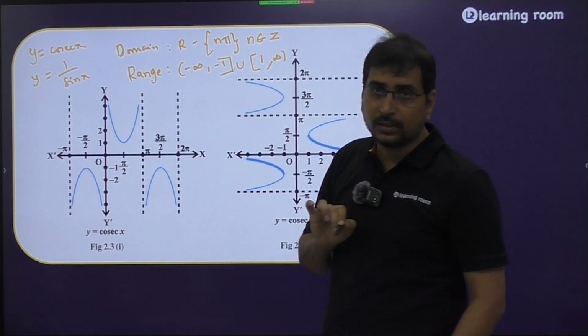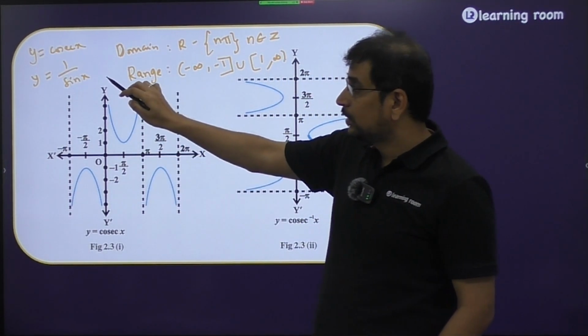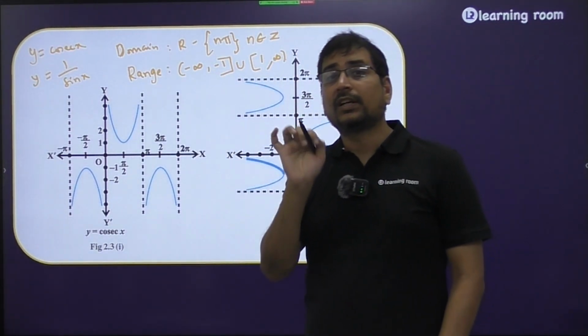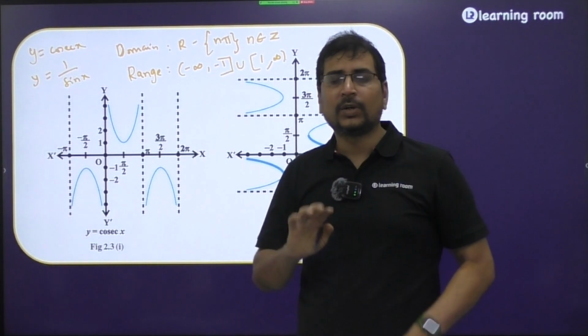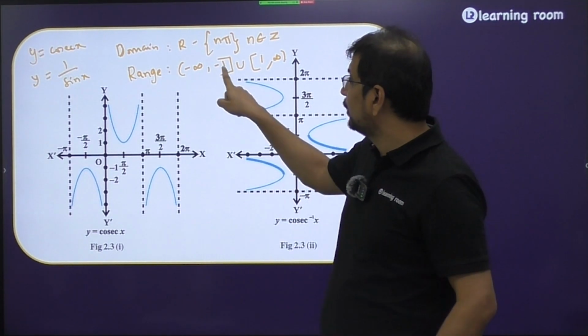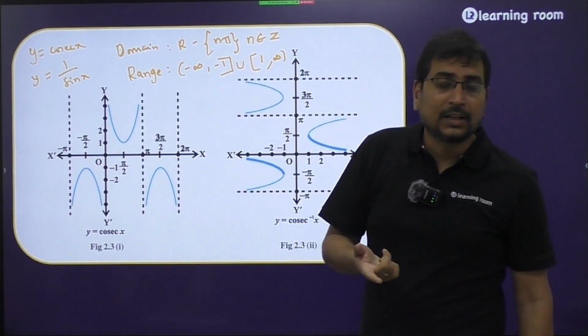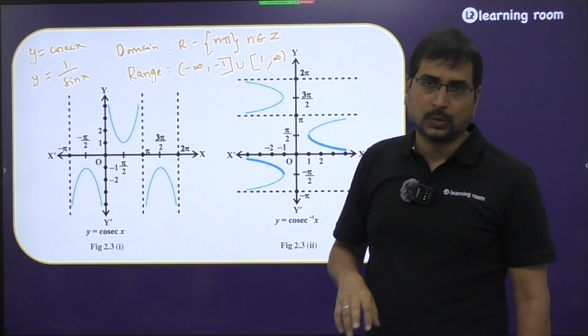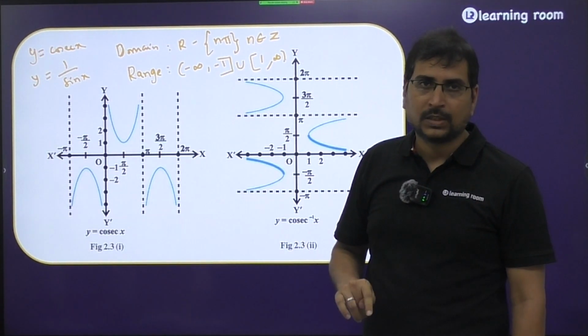So if you observe, basically, this is the reciprocal of sine. Means whatever was the range of sine, you exactly need to write the reverse values of it. What was the range of sine? It could take the values between minus 1 to 1. Where is the value of cosecant being taken? It is taking all the values except between minus 1 to 1. Why is it so?